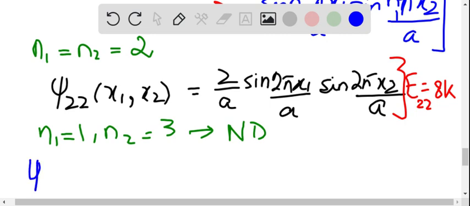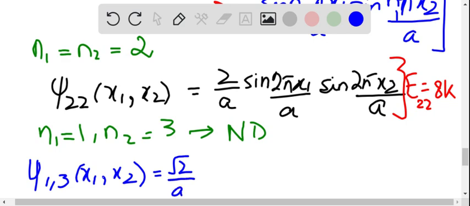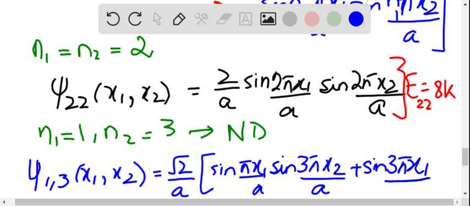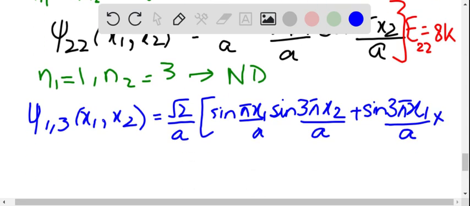That is wave function 1 3 of x1, x2 is equal to root 2 divided by a, square bracket, sine pi x1 divided by a sine 3 pi x2 divided by a plus sine 3 pi x1 divided by a multiplied with sine pi x2 divided by a.